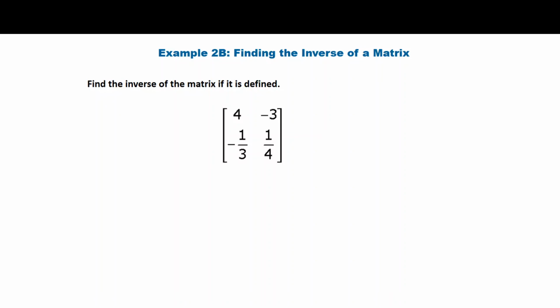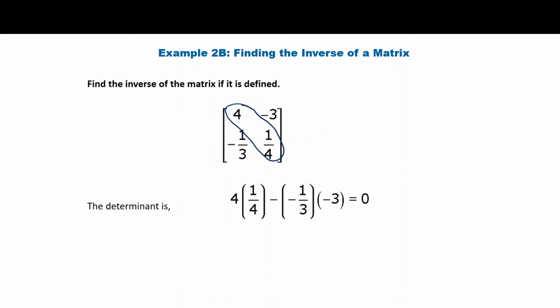Again, the very first thing we have to do is find the determinant to see if it's even defined. When we multiply our diagonals together and subtract the other diagonals, we end up with 0. So in this case, the matrix does not have an inverse.